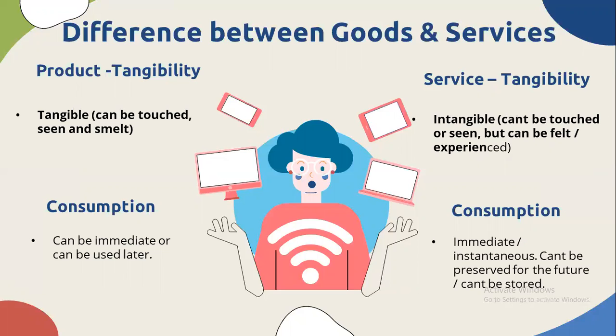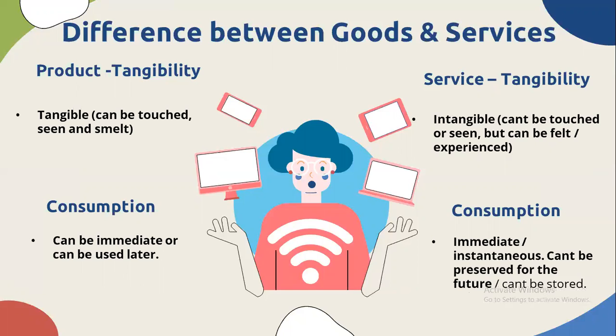When I say consumption, a product can be for immediate consumption or it can be used later. A pen that I buy, I can use immediately or store and use a little later, which I cannot do in services. Services are mostly for immediate consumption because they cannot be preserved.